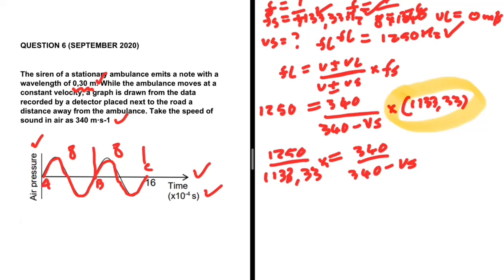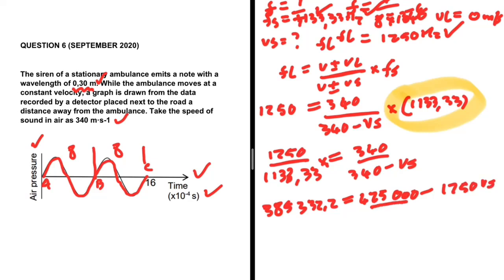So if we cross multiply, we're going to have 385,000 332.2 being equal to 1250 multiplied by 340. So 425,000 minus 1250 VS. So I'll take this to the left-hand side, obviously.